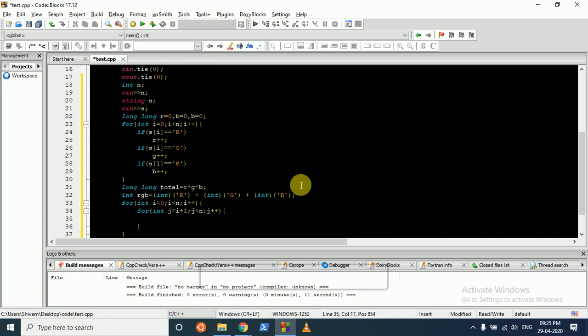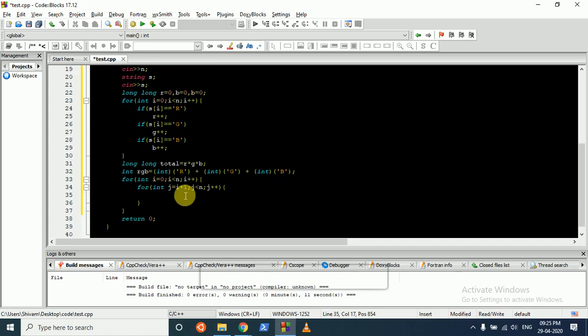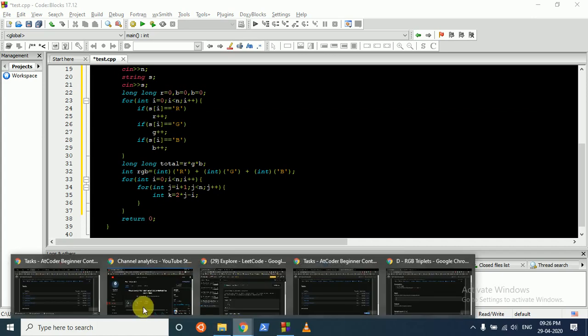Okay, so now we are iterating over every value of the string from I equal to 0 to n and j equal to I plus 1 to n, and what we can do is we will find the value of k for such I and j, and the k can be 2 into j minus I, which is this.